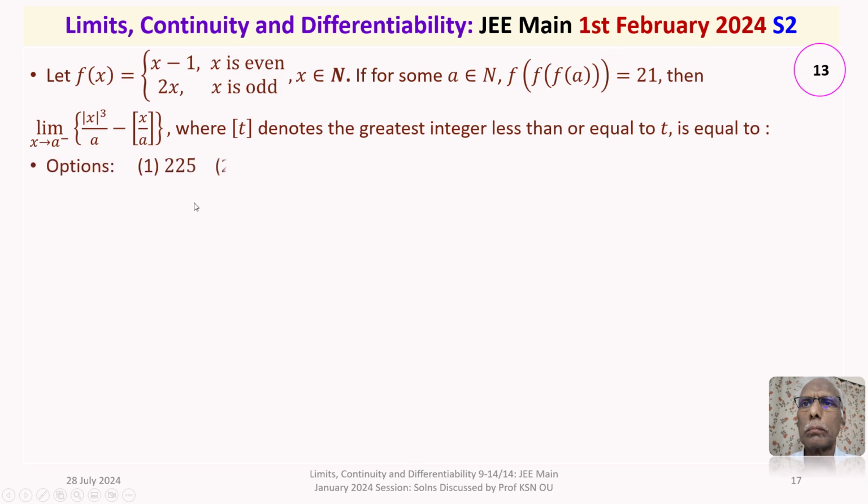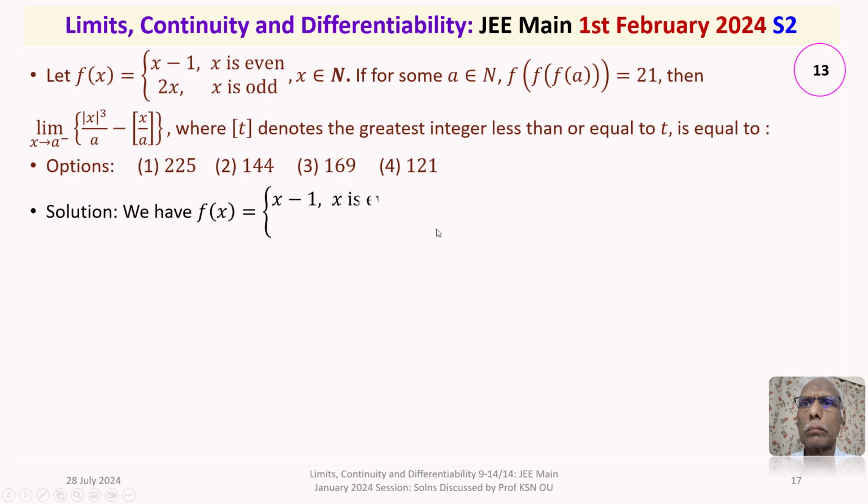Now we are given 4 options. Right. Let's now discuss the solution of the problem in detail. Take the definition of f of x. F of x is x minus 1 when x is even. F of x is 2x when x is odd, where x belongs to the set of natural numbers.